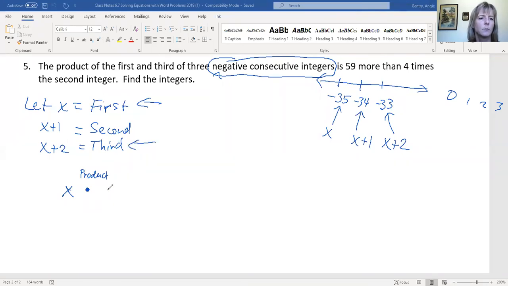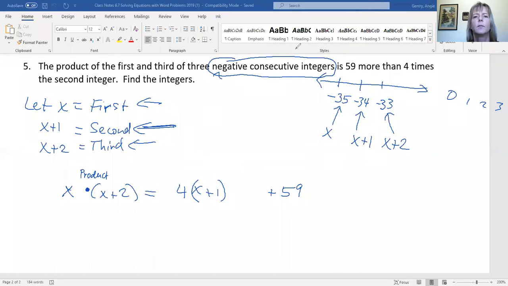Third is right there. And let's use parentheses so you don't forget to distribute because you're multiplying everything. Is means equals. 59 more. I'm going to hang it at the end. You could say 59 plus, in this case it'll work. Then 4 times the second. This guy is the second, x plus 1. And now you've set it up to where you can do this, no problem.